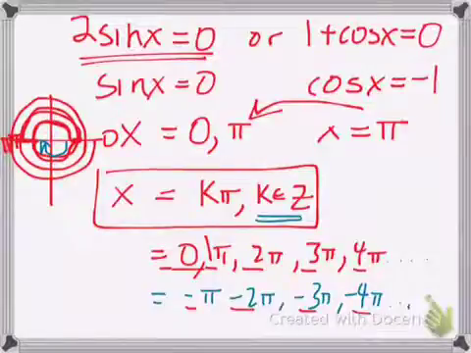So we just use a shorthand way of saying that's k pi where k is any integer. And that's always a difficult concept for students to grasp in this solving trig equations section. Okay, let's go to the next one.